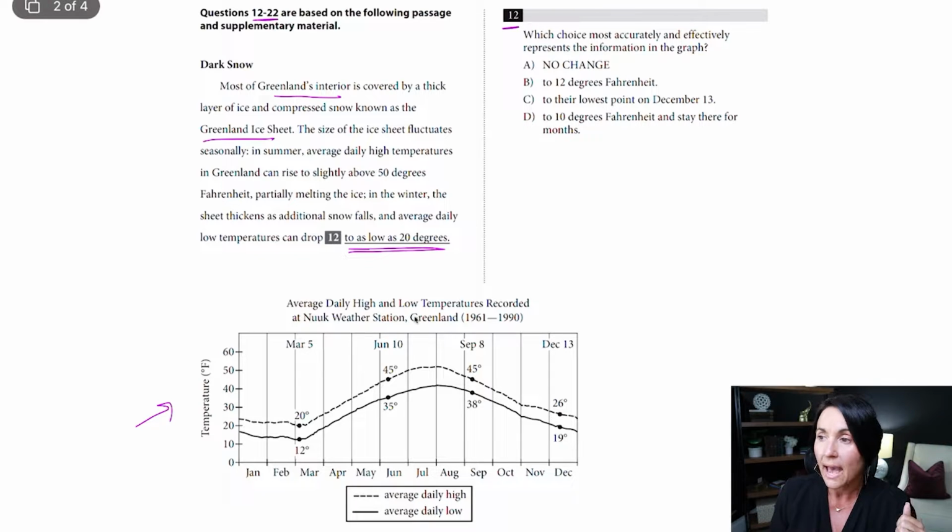In summer, average daily high temperatures in Greenland can rise to slightly above 50 degrees Fahrenheit, partially melting the ice. In winter, the sheet thickens as additional snow falls, and average daily low temperatures can drop to as low as 20 degrees. Okay, so we're talking about this piece right here because number 12 goes with that.